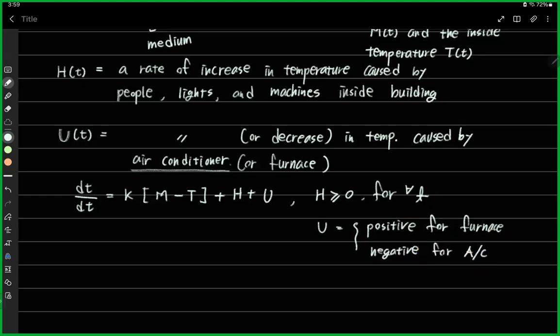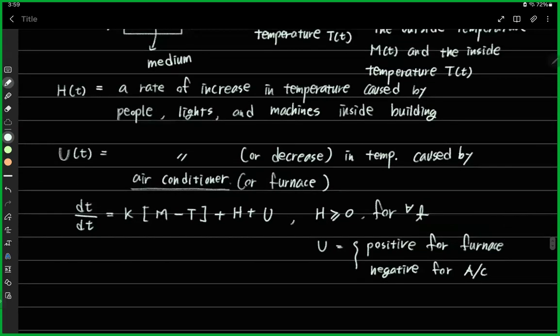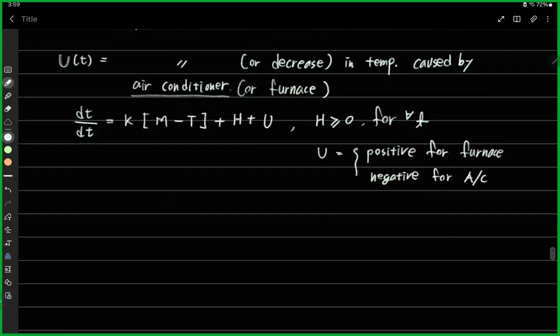Let me say just AC. Okay. Let's find the general solution. So this is a linear differential equation, right? Assuming that M, H, and U are linear, then it's going to be a linear differential equation. So see example 2 in the textbook.